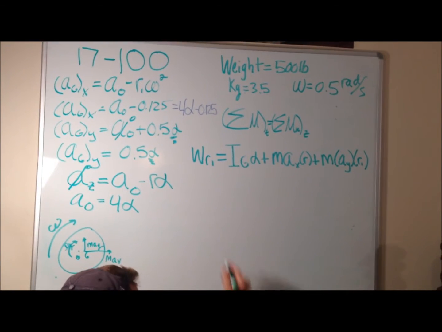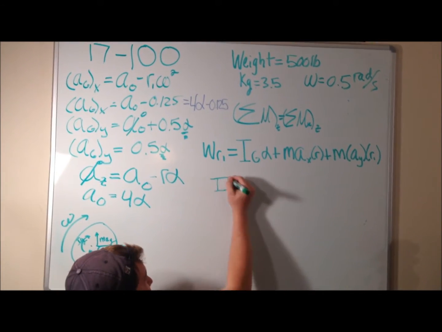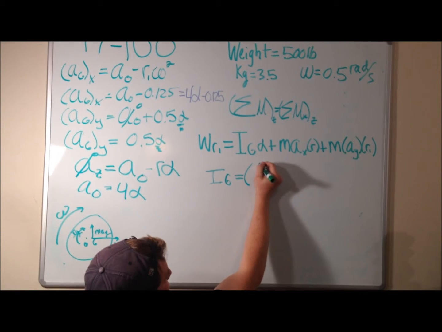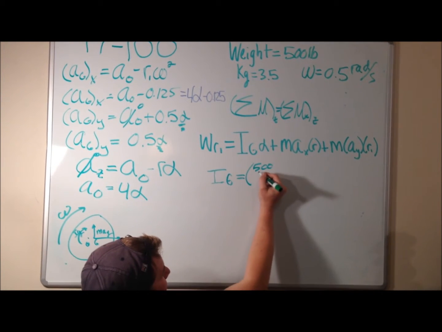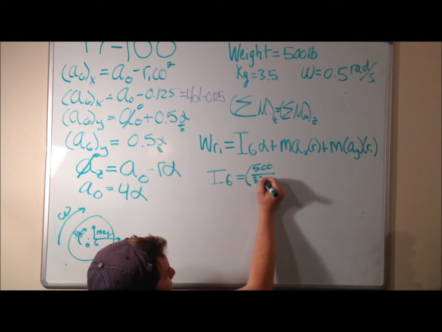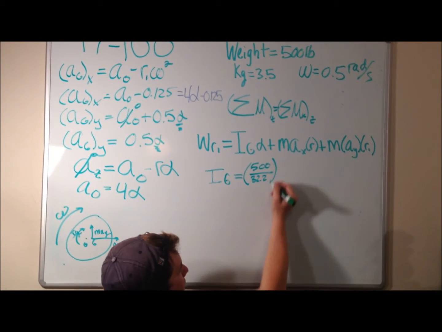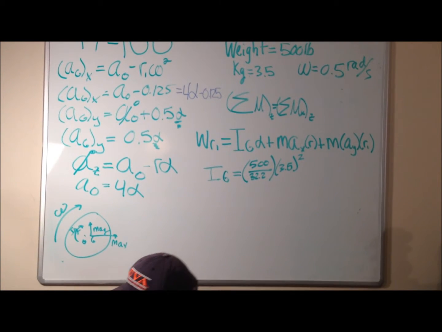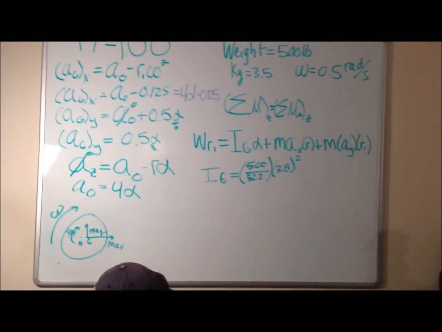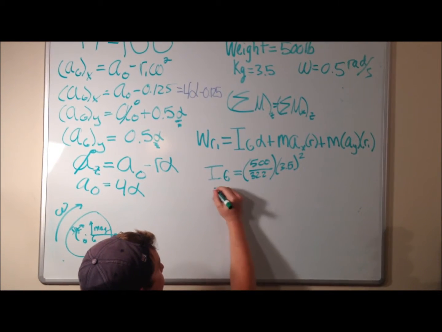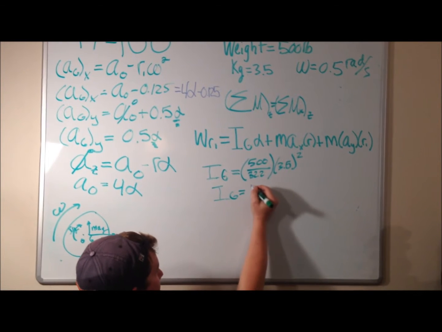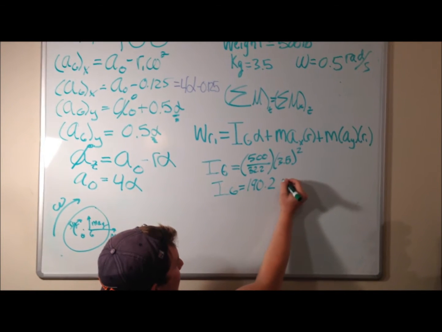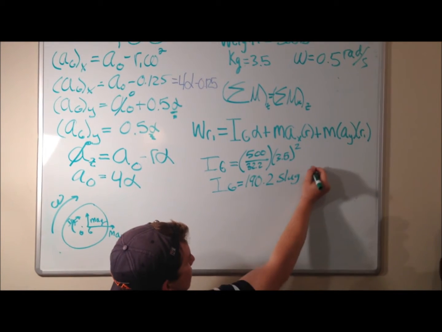All that's equal to is the mass, which, because we're in English units, we need to find by dividing 500 pounds, which is the total weight, by 32.2. We're going to multiply that by the radius of gyration squared. And when we punch that out, we get I_G being equal to 190.2, and that's going to be slug feet squared.